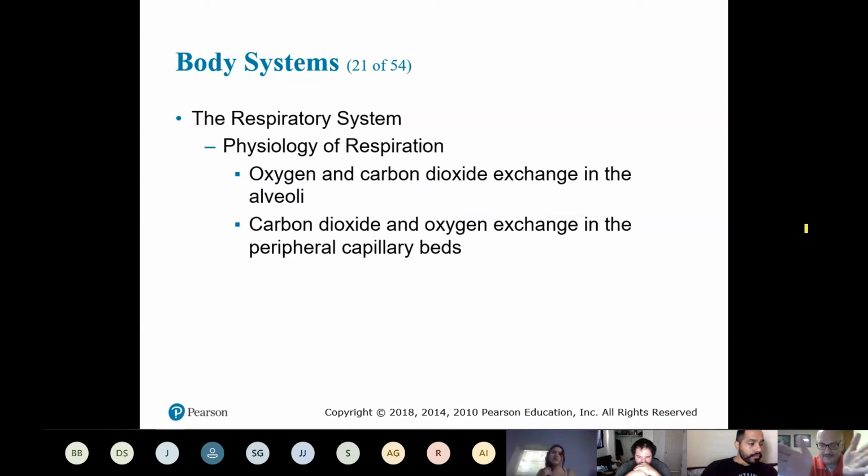Trachea, and then it's going to pass the carina. And then from the carina, we get what?